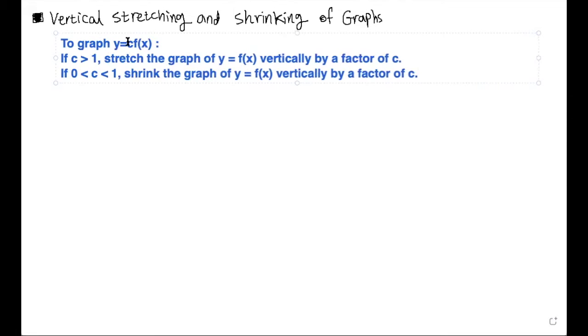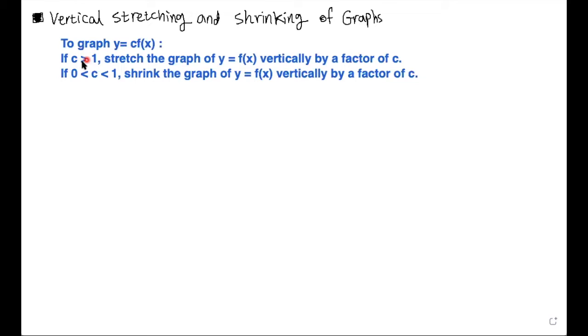To graph the function y equals c times f of x, where c is any real number, we multiply by the function f of x. To graph this function, we first check the value of c.